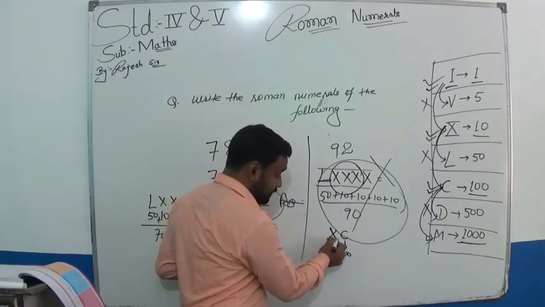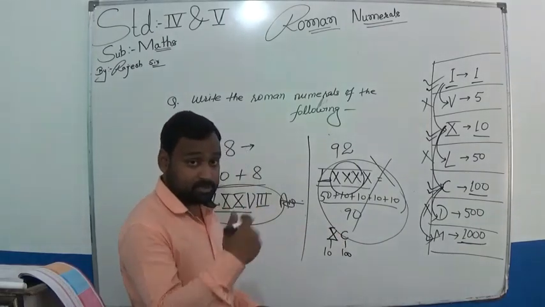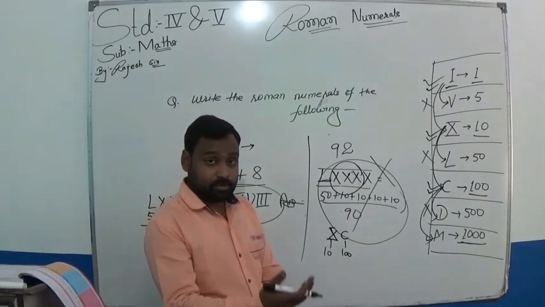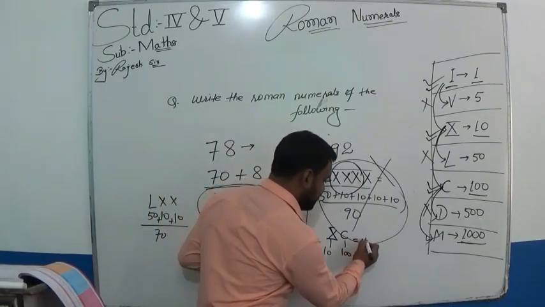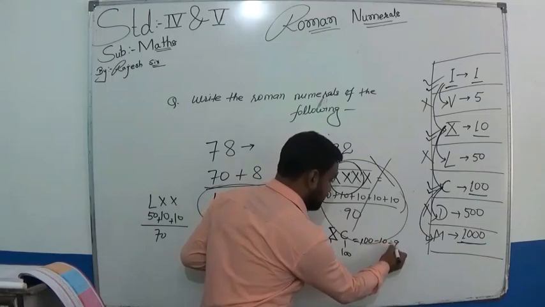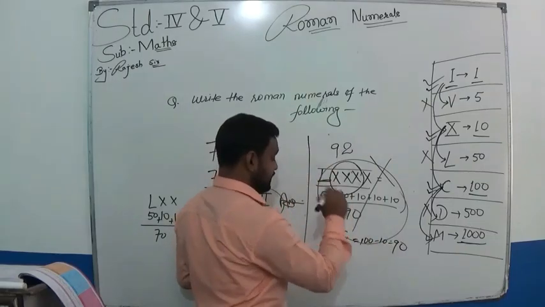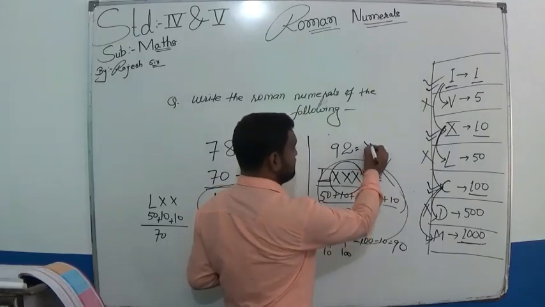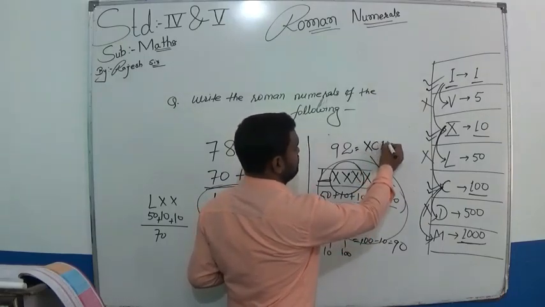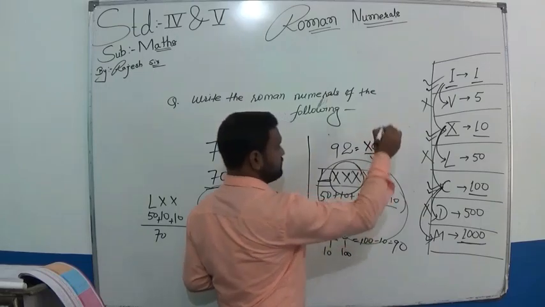We write 90 like XC, because C is 100 and X is 10. And what happens when a smaller Roman numeral is written to the left of the larger? It is subtracted from the larger. That's why it becomes 100 minus 10, which is 90. For writing 92, you have to write XC plus 2 times 1.